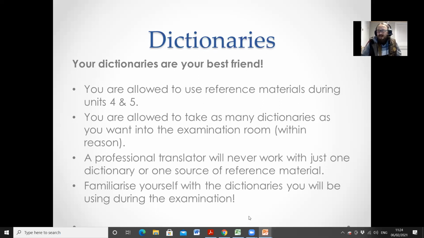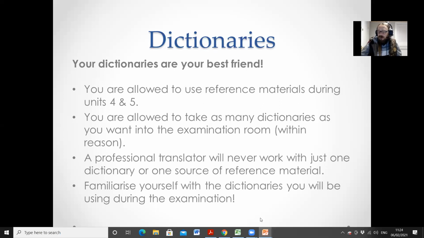Quite often, local libraries tend to have older editions, but that's better than nothing, I suppose. Bear in mind that when you go to get your dictionary for the exam, it might not be there; someone else might have borrowed it. Or sometimes libraries don't lend out reference materials, so it might be useful to find out what your local library has and whether they lend it out.